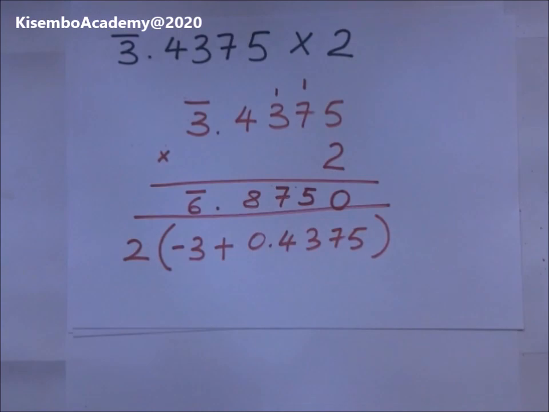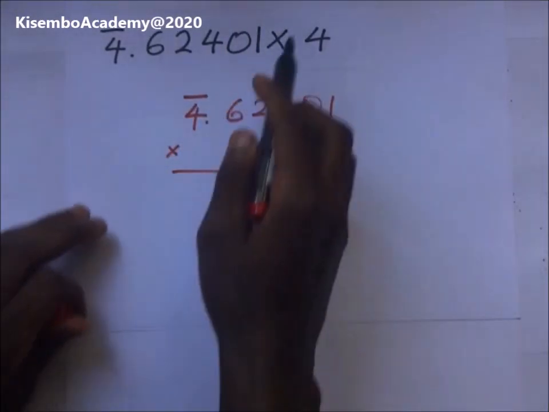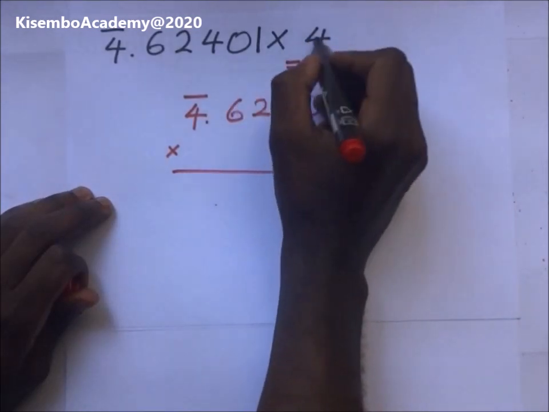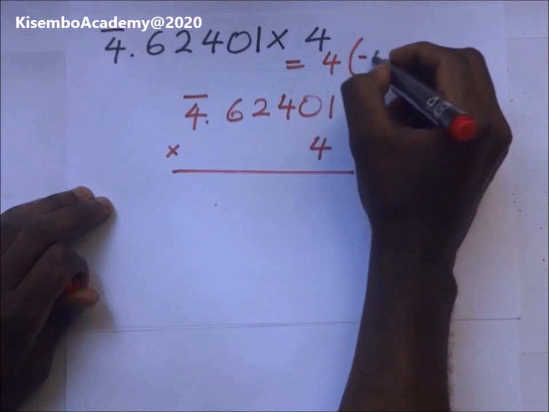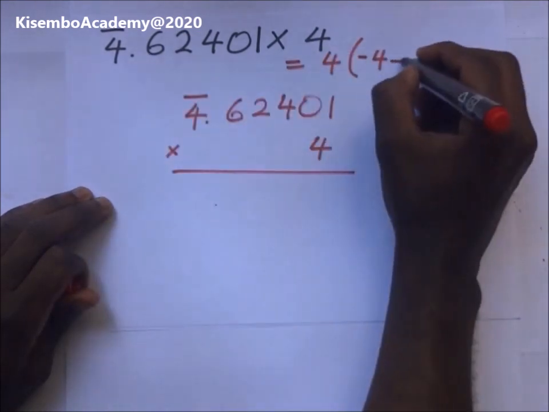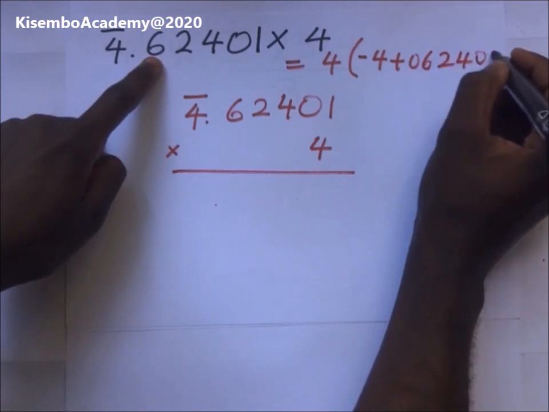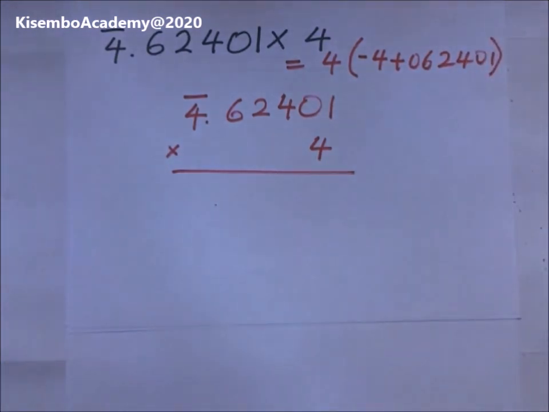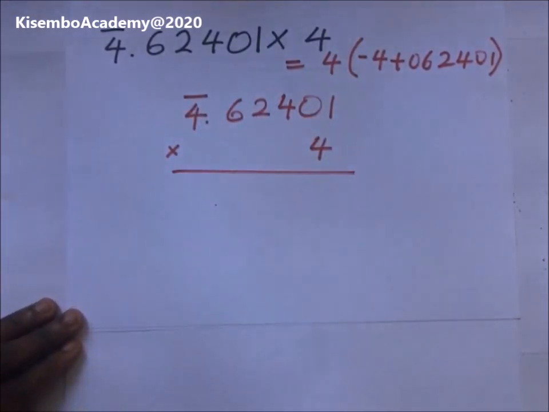Let's look at the next example. Now still, when you're multiplying, this is the same as saying 4 multiplied by negative 4 plus 0.62401. We are going to multiply the two independently. So this negative only affects this part. This is free of that. It's still positive.